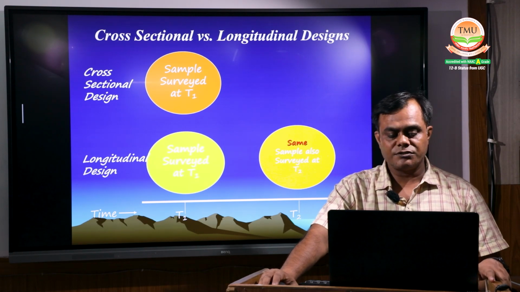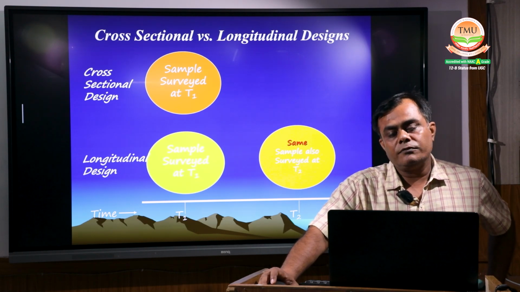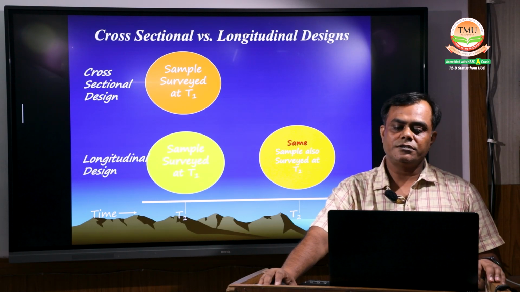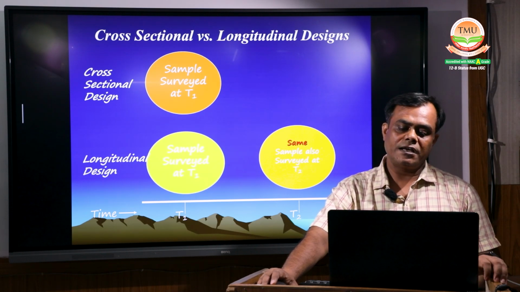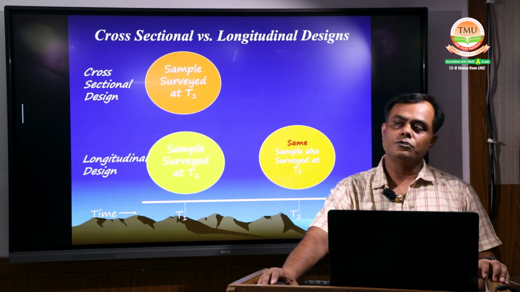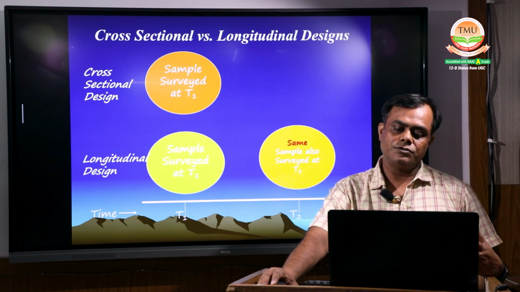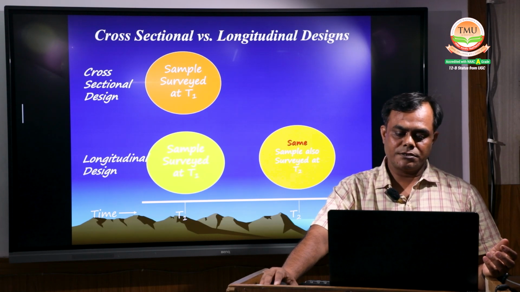So cross-sectional studies are a snapshot in time. Data is collected at a single point in time, providing a snapshot of the population. So a cross-sectional study gives you a snapshot of the population characteristics or conditions.